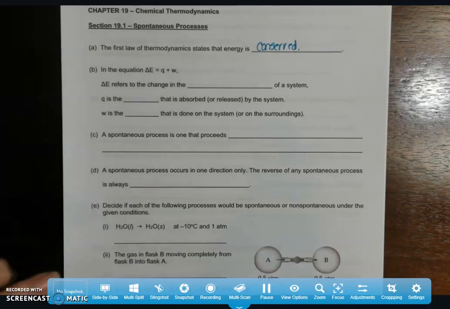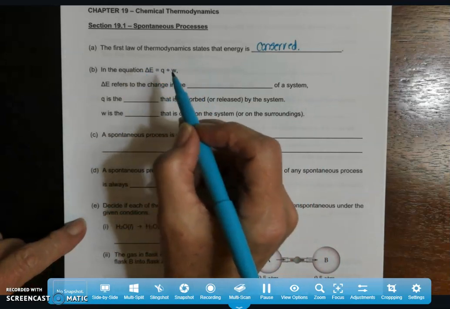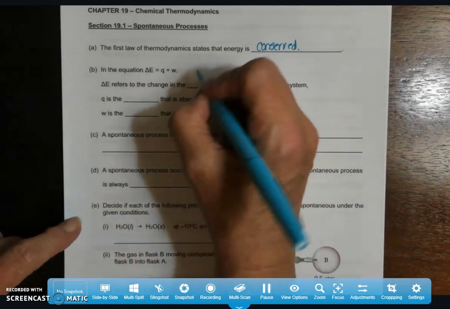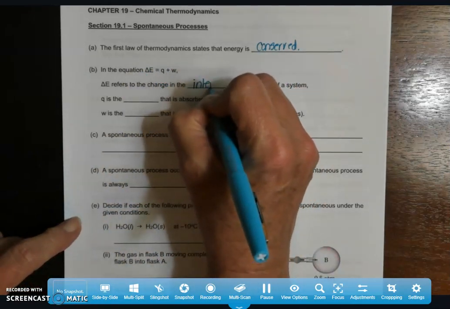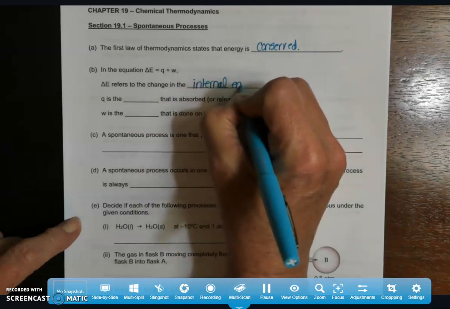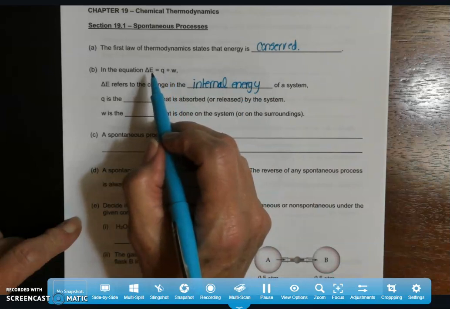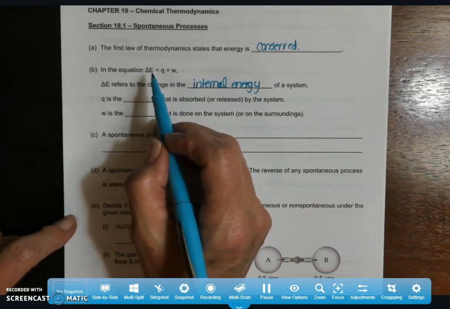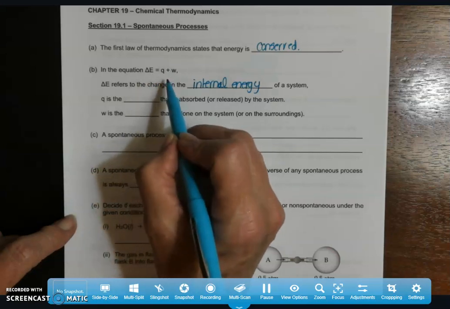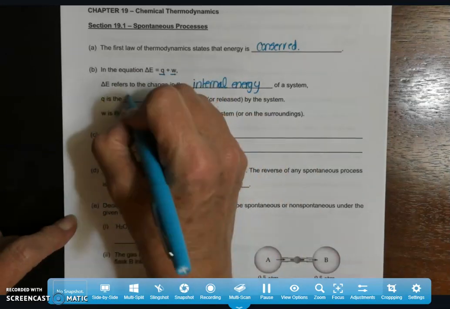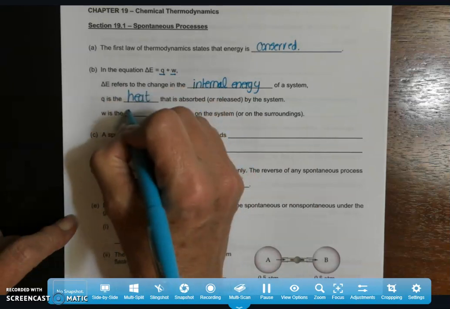Now, we briefly talked about the definition of what's called internal energy. You are not required to memorize this equation, but it does tell you what are the two components of the internal energy of a system, and that's heat and work.